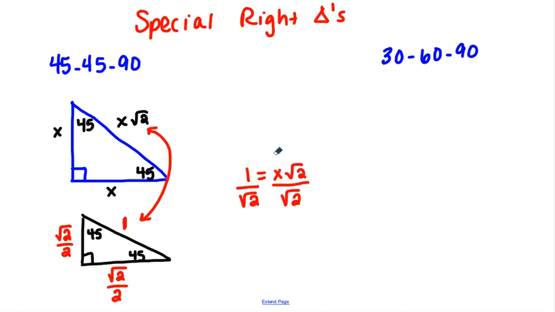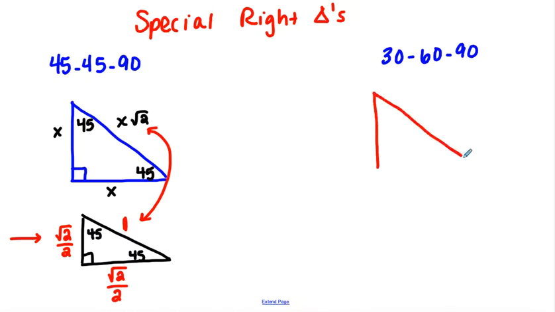It's going to be really important that we recognize how I got here. The reason I use the number 1 is that the unit circle has a radius of 1. So these values, root 2 over 2, root 2 over 2, and 1, are going to be very important.